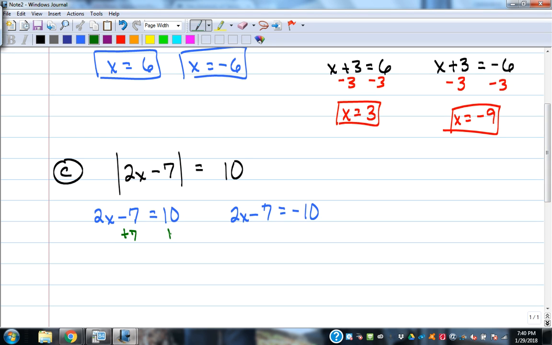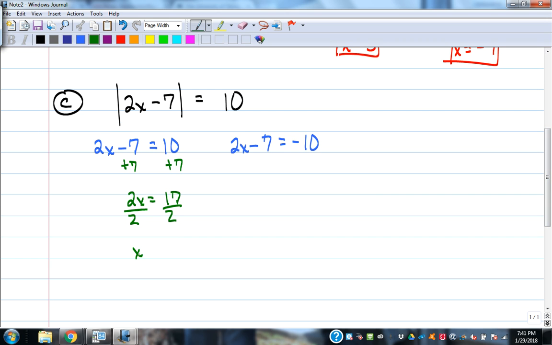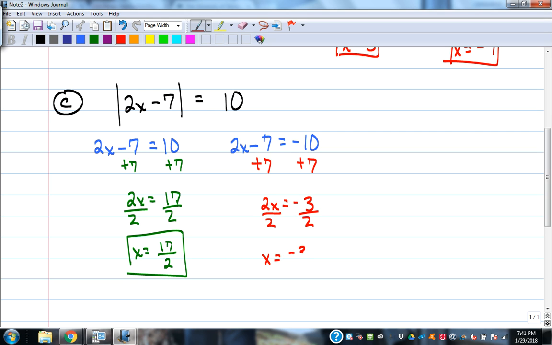Plus 7. 2x equals 17. Divide by 2. X is equal to 17 over 2. The other one, do the same steps. We're going to get a much different answer. That's negative 3 divided by 2, negative 3 over 2.